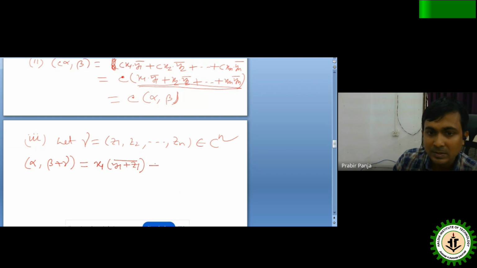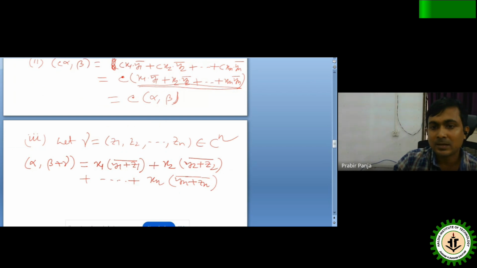In the same way, the second term will be x2 into y2 plus z2 bar, and going to the nth term, it will be xn into yn plus zn bar.